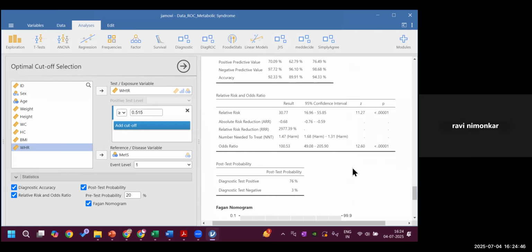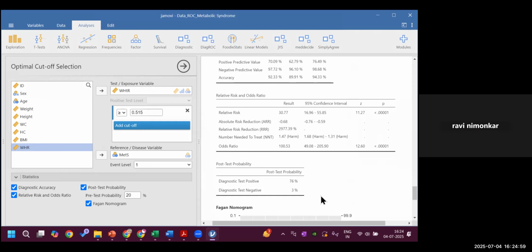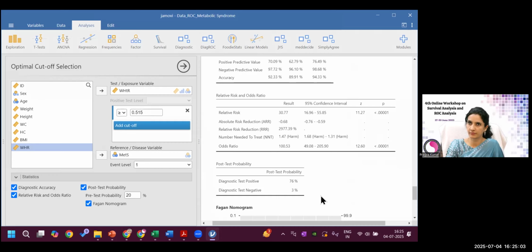Ma'am, my query is this: when you say diagnostic test negative on 3%, what will it exactly mean? I think you want to say that the test has not accurately picked up those 3%, or is it the other way around? See, the pre-test probability is 20%.